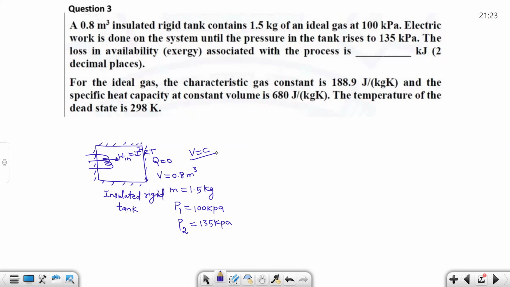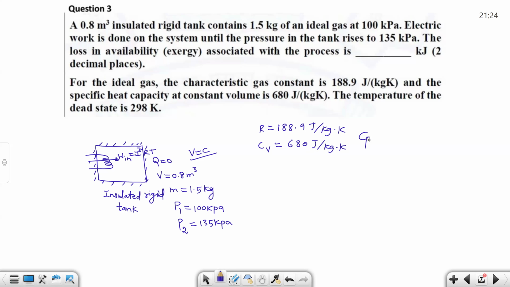The ideal gas characteristic gas constant R is given as 188.9 joule per kilogram Kelvin and CV is given as 680 joule per kilogram Kelvin.